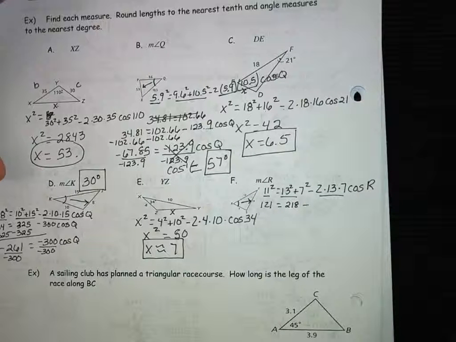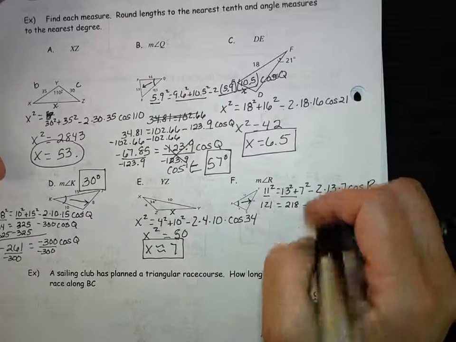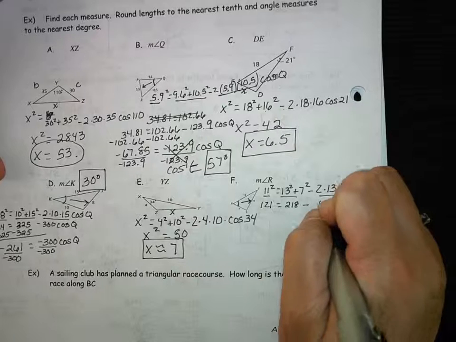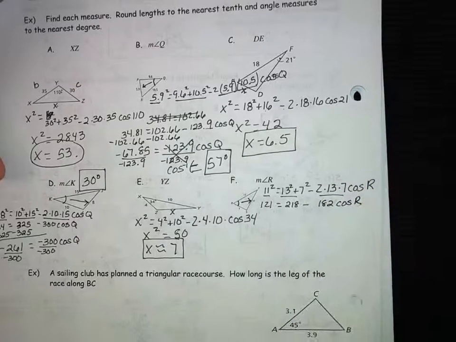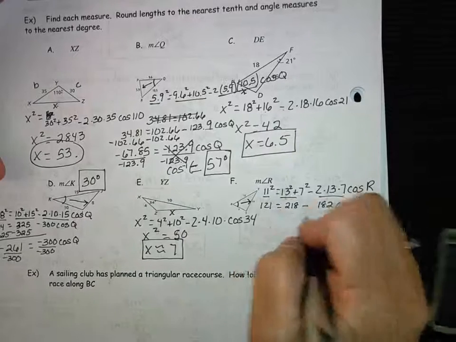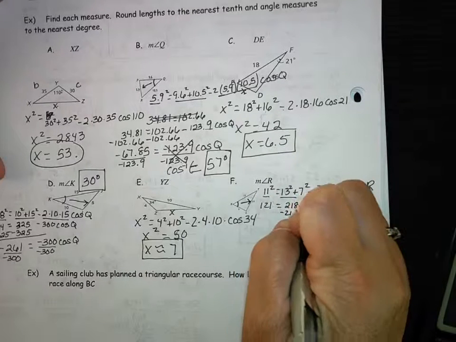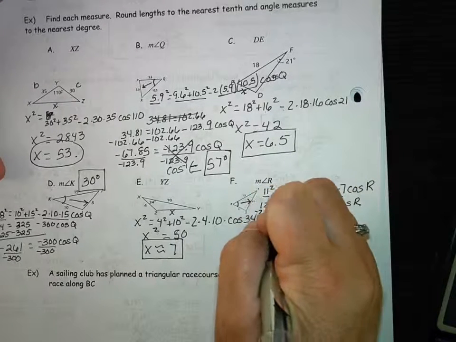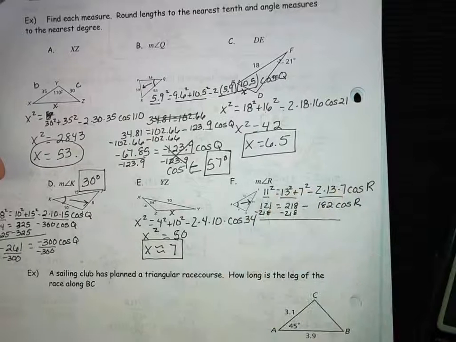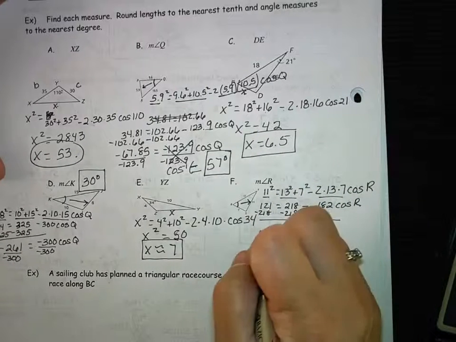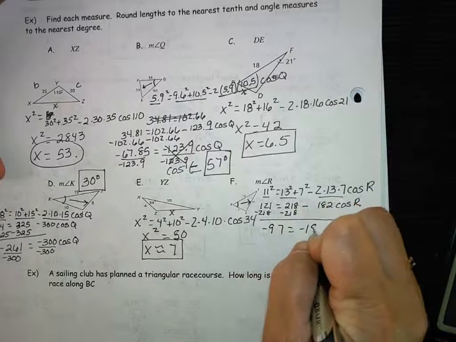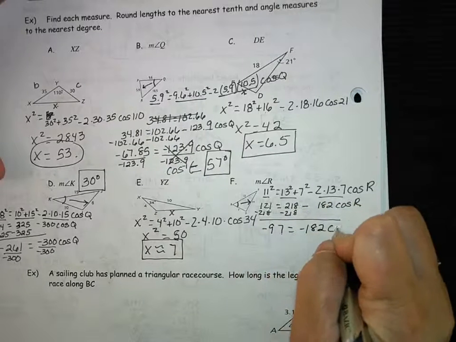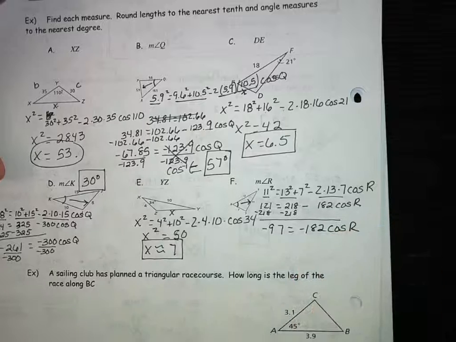And 2 times 13 times 7 is 182 cosine of r. From here, we subtract the 218 from both sides, and we end up with negative 97 equals negative 182 times the cosine of r.